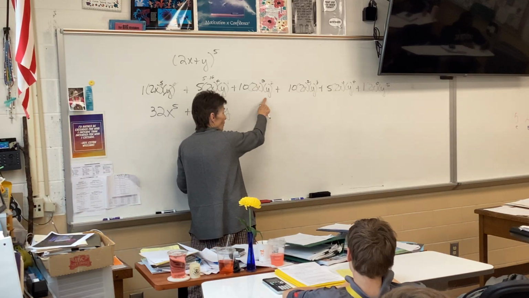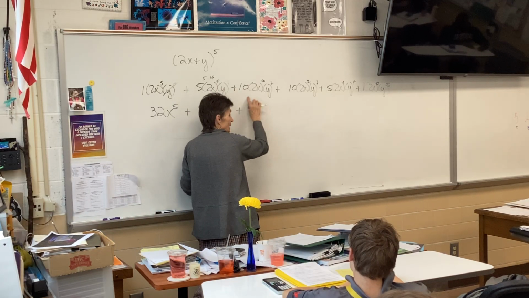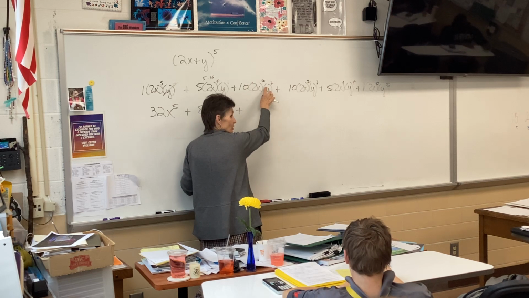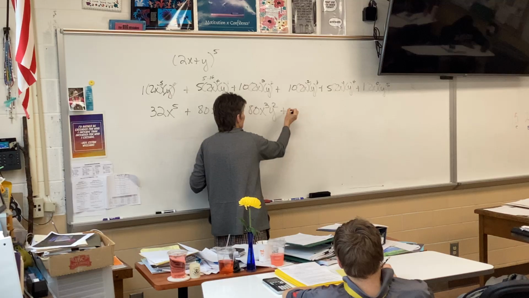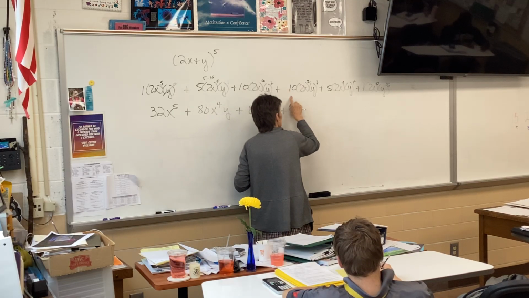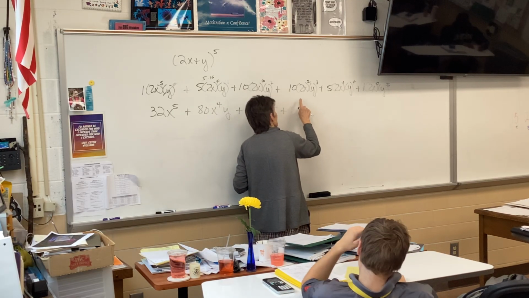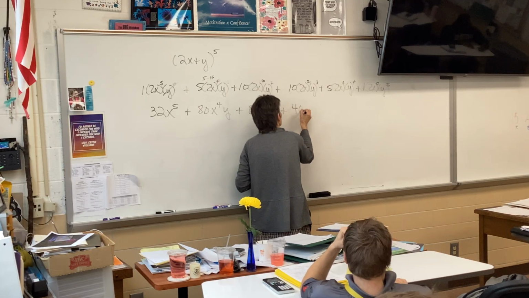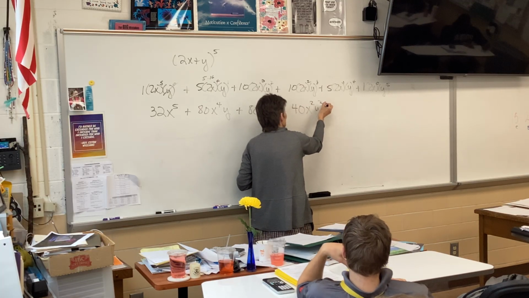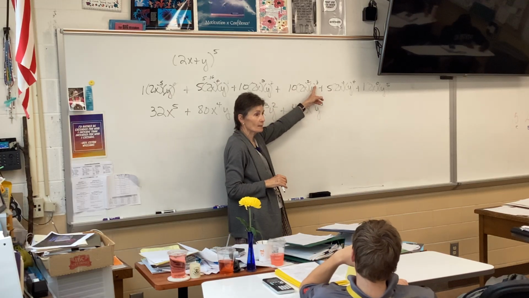This one is also 80. Why is this one 80? 10 times 2 cubed. So that's 80 x cubed y squared. What's this one going to be? Not 10x. It's going to be 40 x squared y cubed, because we got a 2 squared in there.